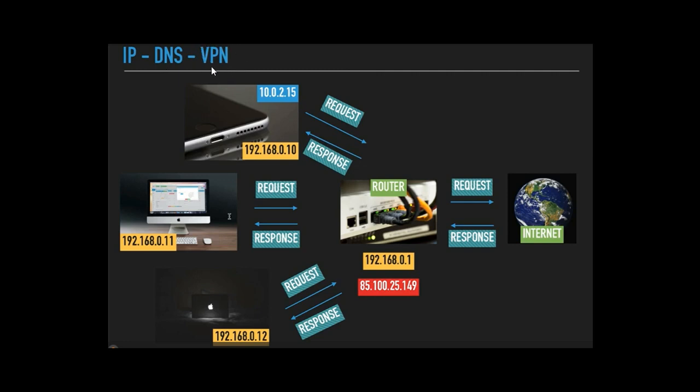VPN means virtual private network. So the VPN will help you in changing your public IP, which can be linked to whichever location you are currently in. Like I said earlier, when you're performing anonymity in Kali, you want to stay anonymous online, so you want to make sure that you change your public IP address.